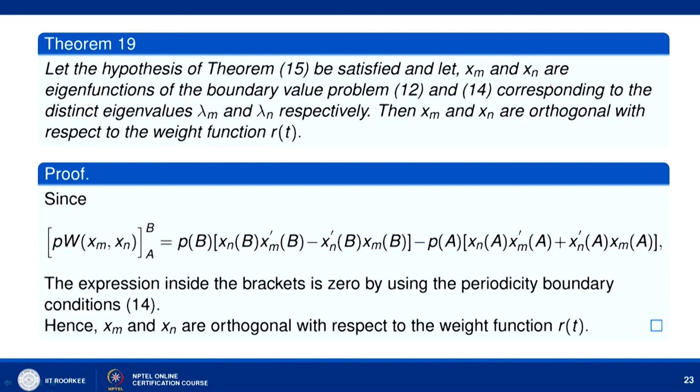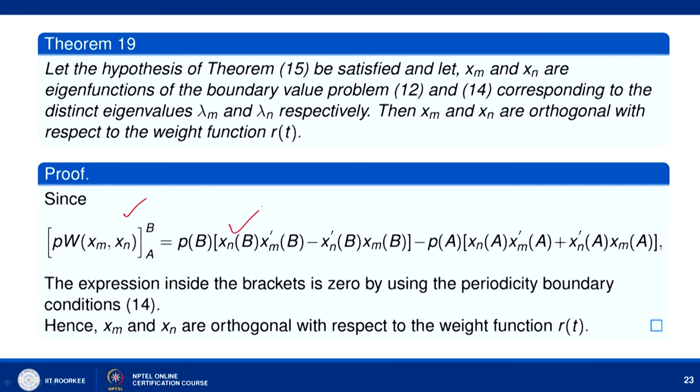In fact, the only thing we have to show is that this quantity is going to be 0. Since we have this P W(x_m, x_n) at b and a, it can be expanded in this form: P(b) times the Wronskian of x_m, x_n, that is x_n(b) x_m'(b) minus x_n'(b) x_m(b), minus P(a) [x_n(a) x_m'(a) minus x_n'(a) x_m(a)]. Now, if we use the periodic boundary condition, then we can make this quantity 0.